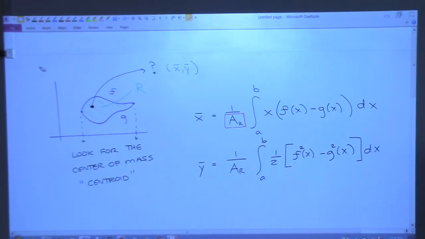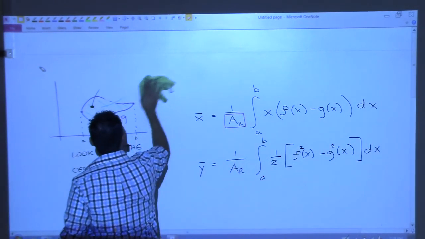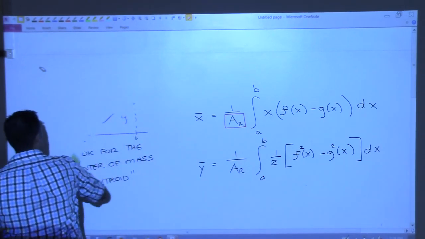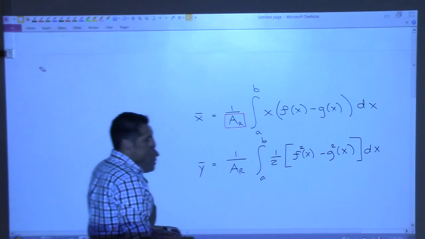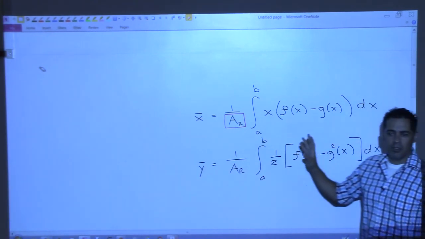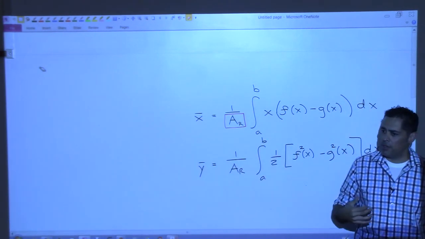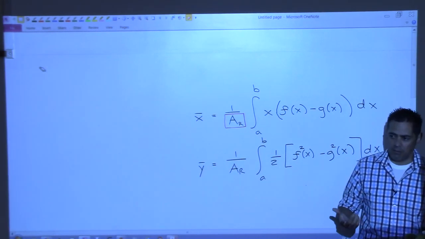So do you want to do an example of this? We can. Let's do it. Okay, let's find the centroid. Is it all right if I just pick one that I'm pretty sure we're not going to be able to do, and that we use the computer to do all the integrals for us?